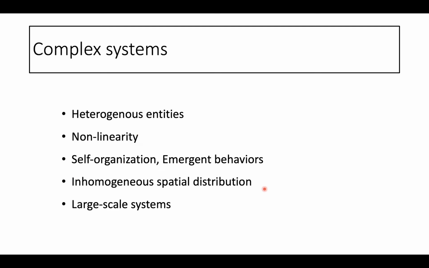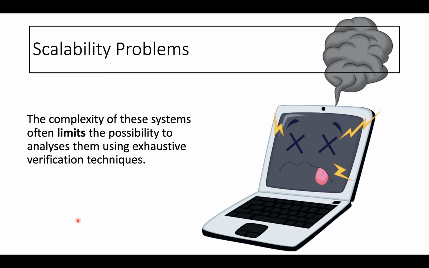Furthermore, the examples we see also show a heterogeneous spatial distribution, and they are all large scale systems.